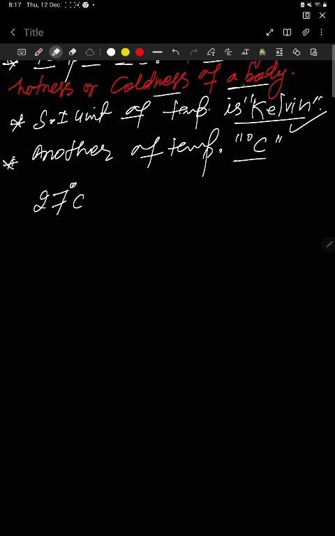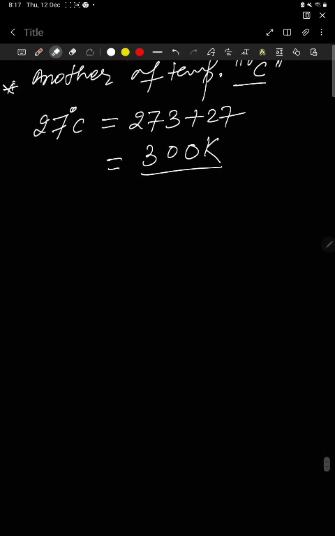Suppose we have 27 degrees Celsius and I have to convert it into Kelvin, then we have to add 273 to this temperature. So it will become 300 Kelvin. Whenever we have to convert any temperature from degree Celsius to Kelvin, we have to add 273 to it.